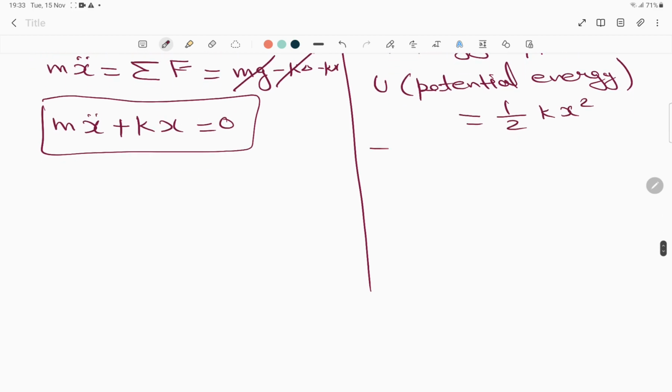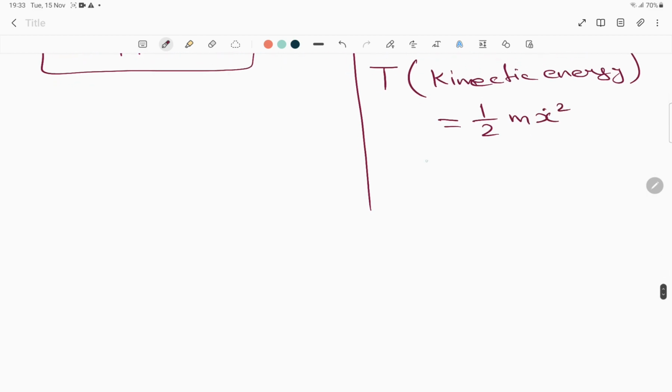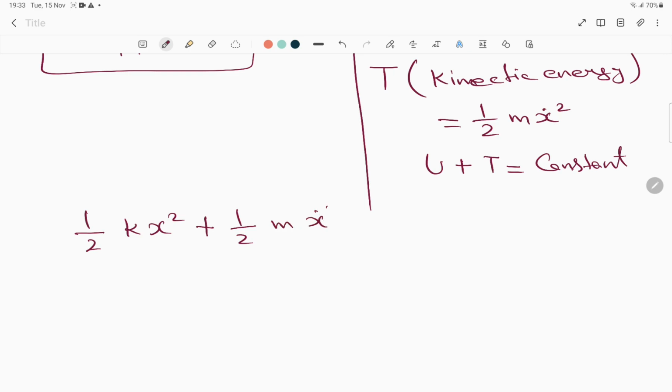And then kinetic energy, in this particular case, will be half m x dot square. And then I am saying that U plus T is nothing but constant. That is the energy approach. So if you take that, then that is nothing but half k x square plus half m x dot square is equal to constant.